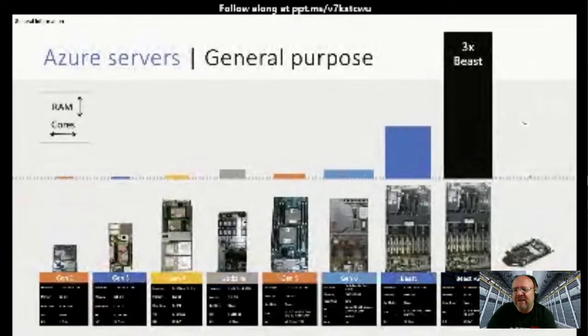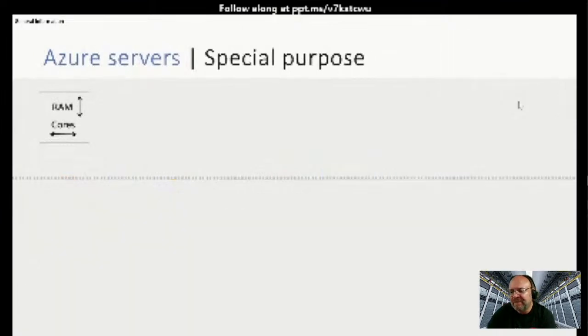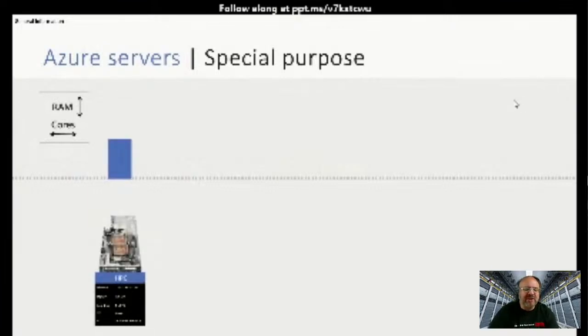And then we even have the Azure Sphere, which is a much smaller, at 0.00000, lots of zeros, 53 of a Beast. Microsoft also has special purpose servers like high performance computing.